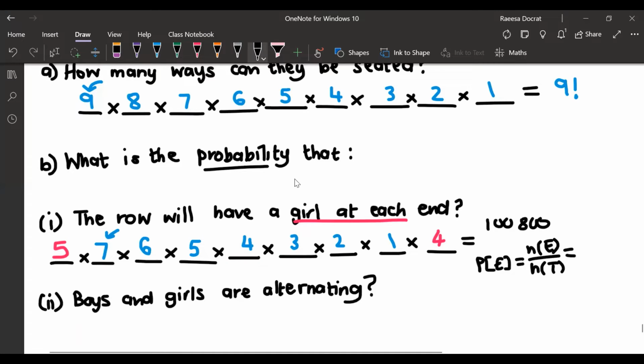So the number of events is 100,800, and there are 9 factorial different ways of seating people in total. So then dividing it by 9 factorial, we get that the probability is then 5 over 18.